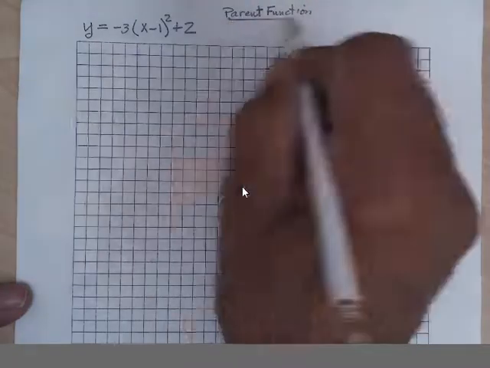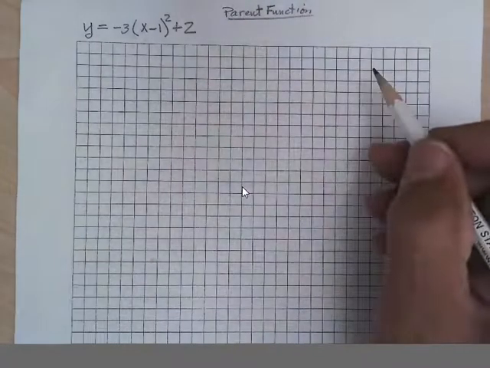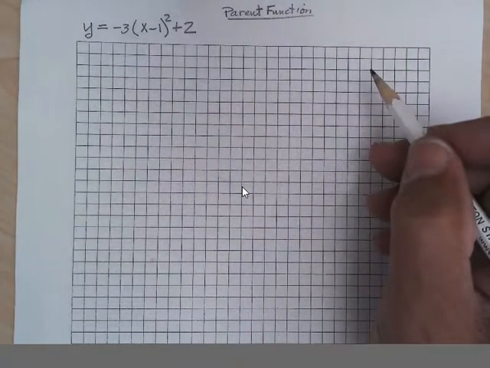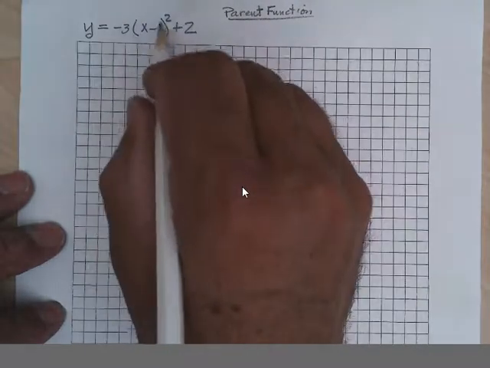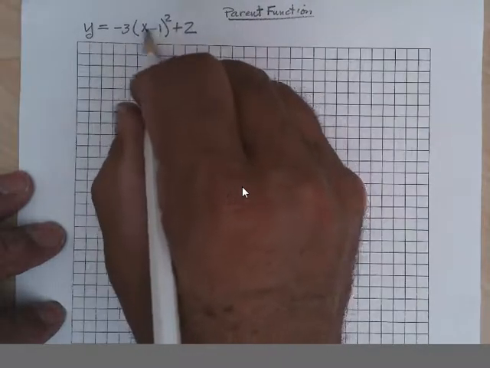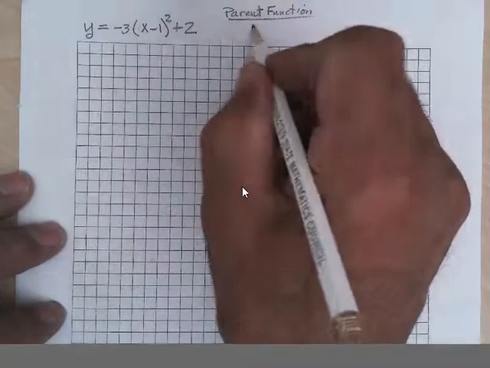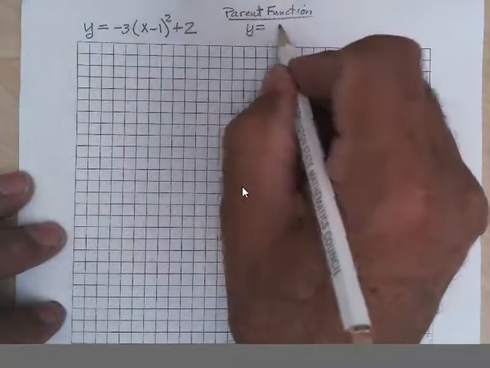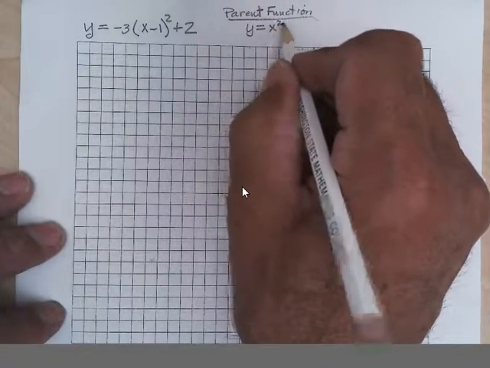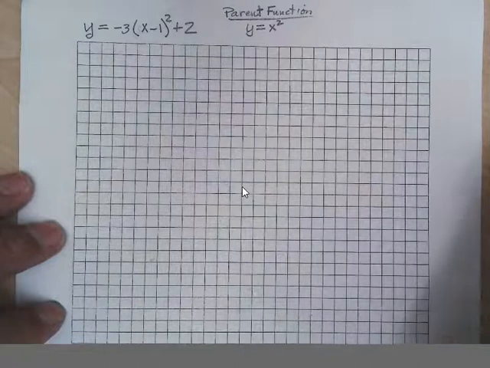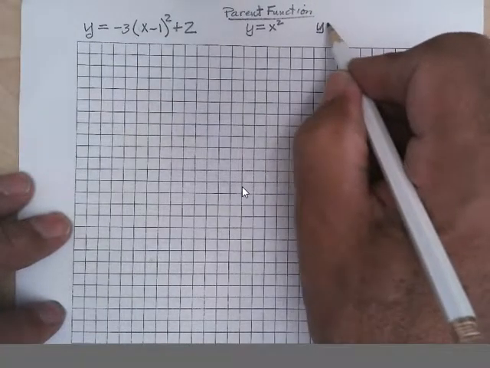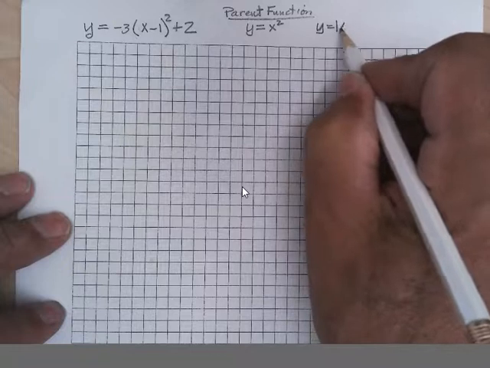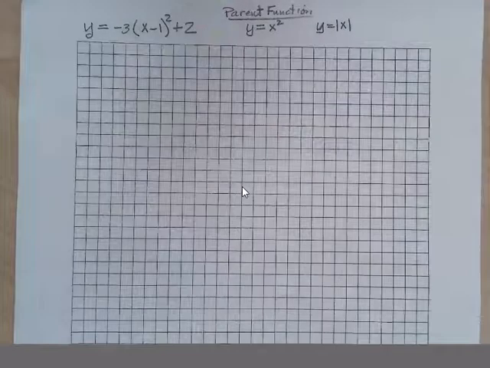There's a whole page of parent functions in your textbook, but we're going to work with two primary parent functions here. This has the x quantity squared, so it has the parent function y equals x squared. The other parent function I'm going to work with is y equals the absolute value of x.